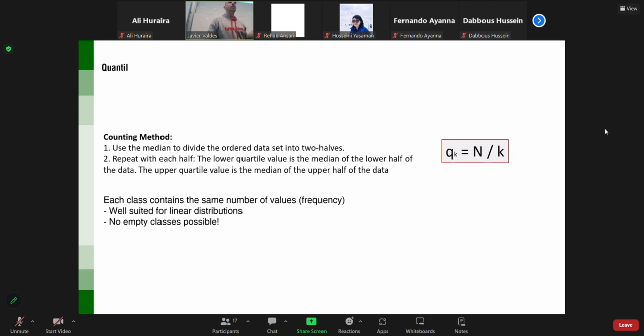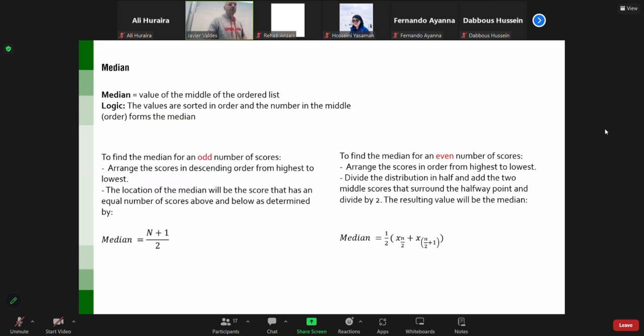You can decide how you want to do this. To calculate the median, the middle of the ordered list, if you have an odd number of values it is very easy, because you will always identify one number in the middle. So if I have 3 numbers, 1, 2, 3, in order, it's going to be this one.